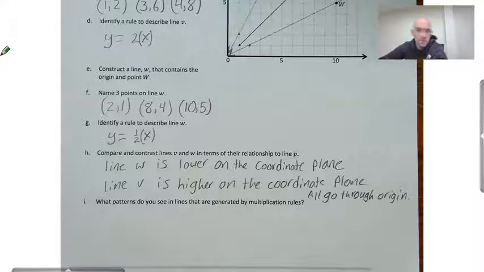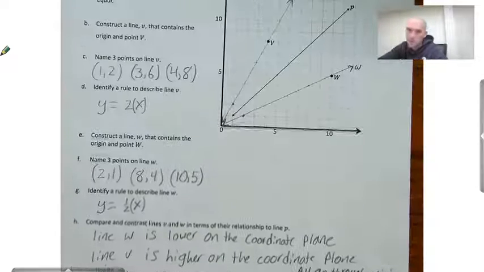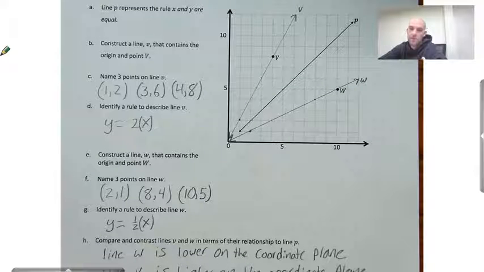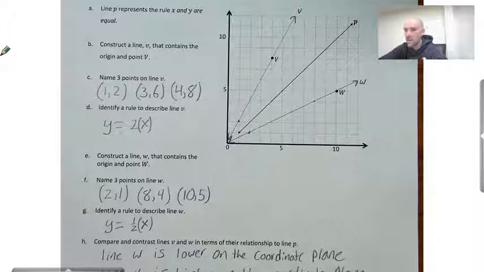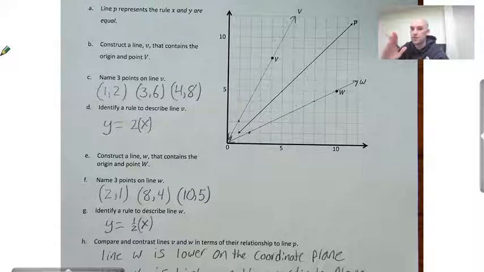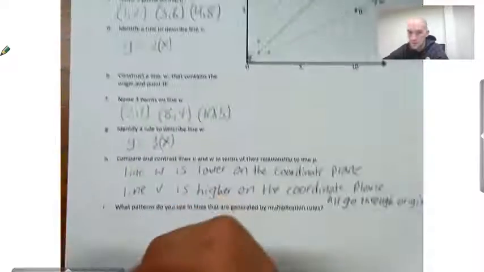What patterns do you see in lines that are generated by multiplication rules? Well, it looks like no matter what we multiply by, they're all going to go through the origin, but the larger the number that we multiply by, the steeper that line is going to be, closer to the y-axis.